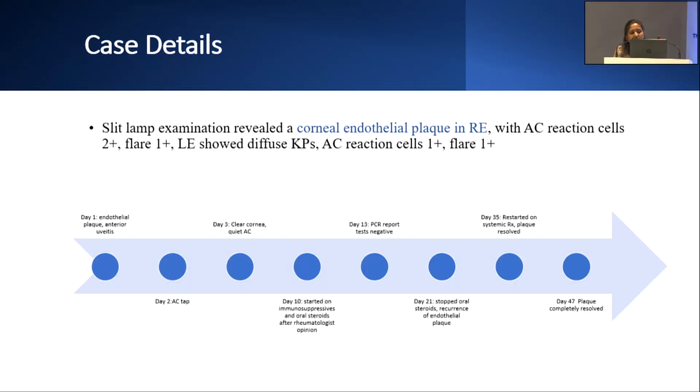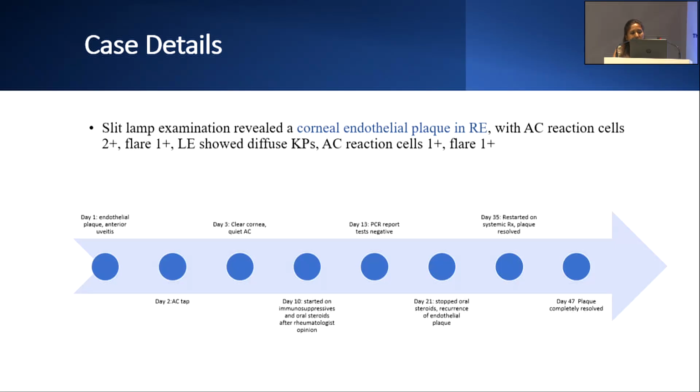On day 10, the uvea consultant decided to start her on immunosuppressives and oral steroids after consulting her rheumatologist. On day 13, we followed up the PCR report; the anterior chamber tap sample was sent for an array of microbiological investigations, which I'll describe in the slides to come. The PCR report turned out to be negative.